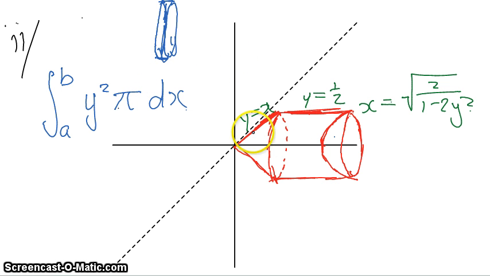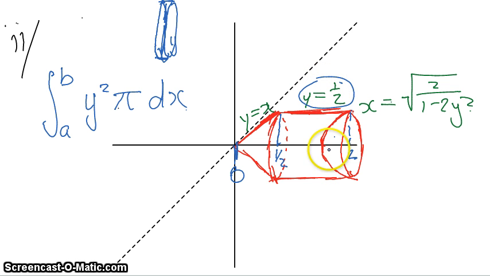Well, what we're going to do is split this into 3 sections. First section is going to be from here, 0, to here, a half, and we're going to integrate y equals x. The next section is going to go from a half all the way up to 2, and I'm going to integrate this one, y equals a half.